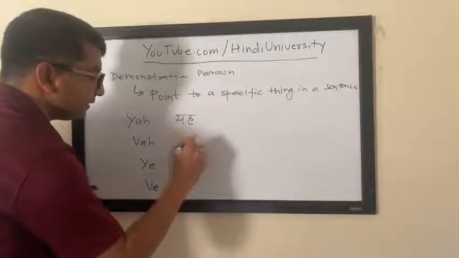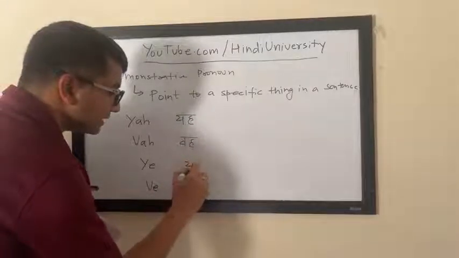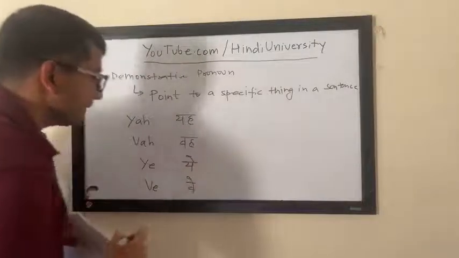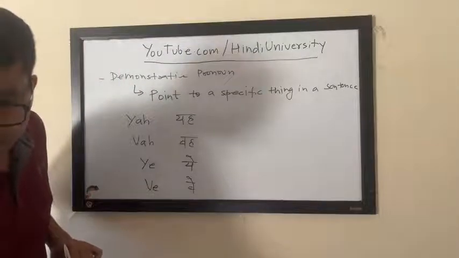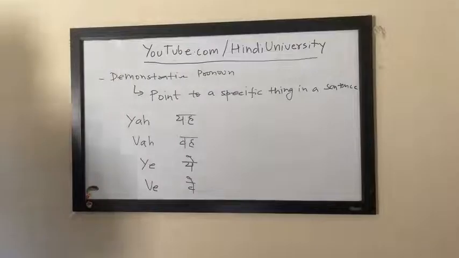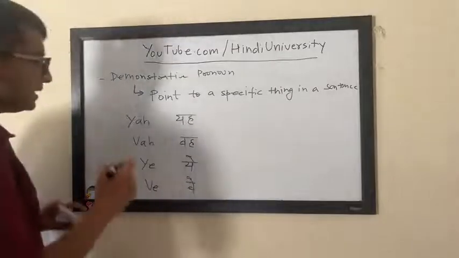Vah is va and ha. Then you have 2 more, ye and ve. For these, the only thing I can tell you is you have to memorize them. There is no short way or trick for me to give you, but these are something you have to remember.